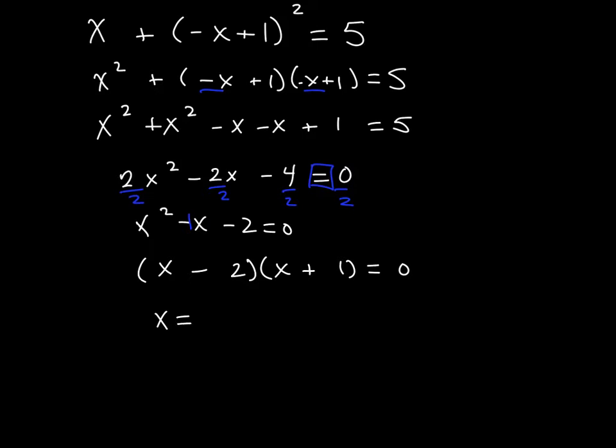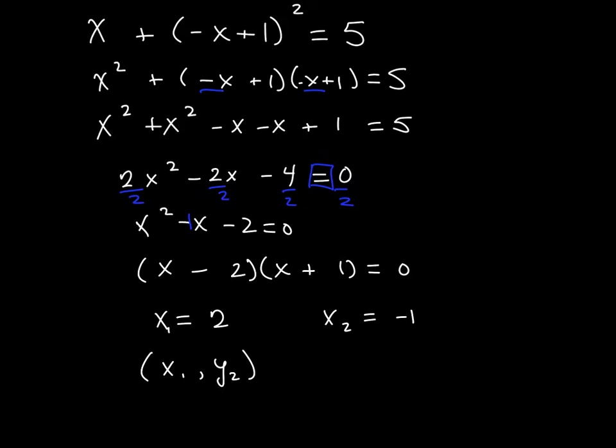So I have two solutions here. I have x is equal to 2, we'll call that x1, and then my second solution, x2, is equal to negative 1. That's because when you have this kind of system, you have the possibility of having multiple solutions for the same system. We're going to show what that looks like in a graph on the next slide.